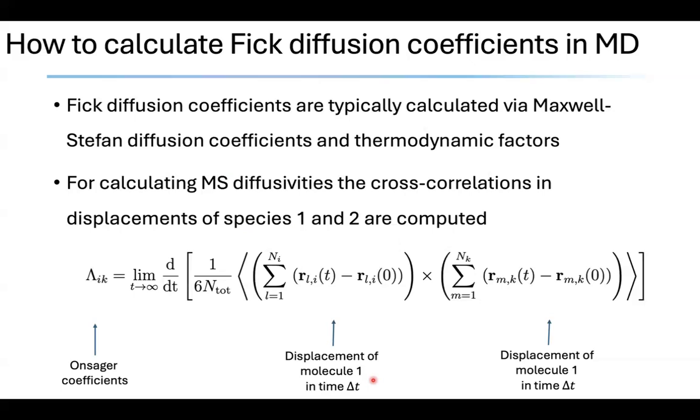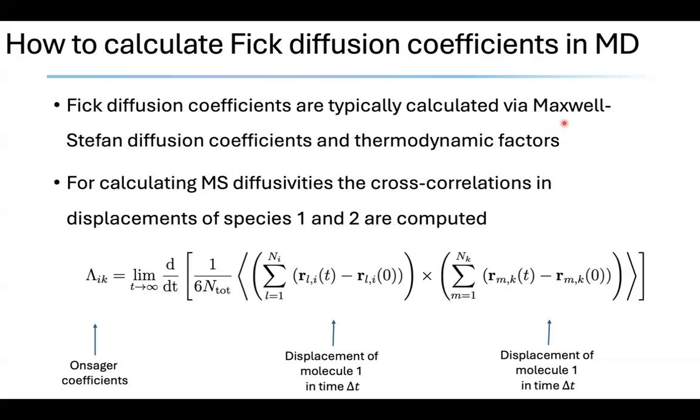Now, the Fick diffusion coefficients in molecular simulations can be calculated by an indirect route where we first calculate the Maxwell-Stefan diffusion coefficients and thermodynamic factors, as suggested by the equation that I showed in a few slides earlier.